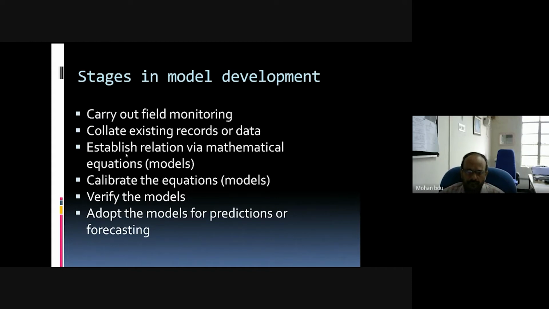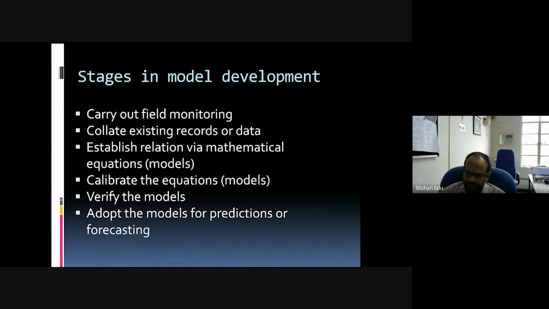And the model tries to establish the relation via mathematical equations, and then the model needs to be calibrated if at all there are any sort of mishaps or shortfalls. The model has to get calibrated, and then again the models are verified with the real world conditions.